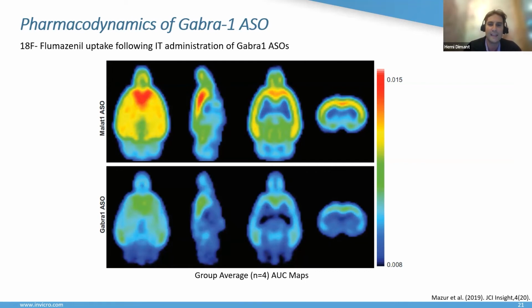So if you look at the bottom panel, you're seeing that following treatment, there is a reduction in flumazenil uptake, meaning the GABA receptors are being knocked down by the ASOs, as opposed to the control, the MALAT1, which is just a housekeeping gene, in this case a negative control, showing that when you administer the MALAT1 ASOs, there's no reduction in flumazenil. And this is the GABA uptake in a non-knockdown animal, basically.